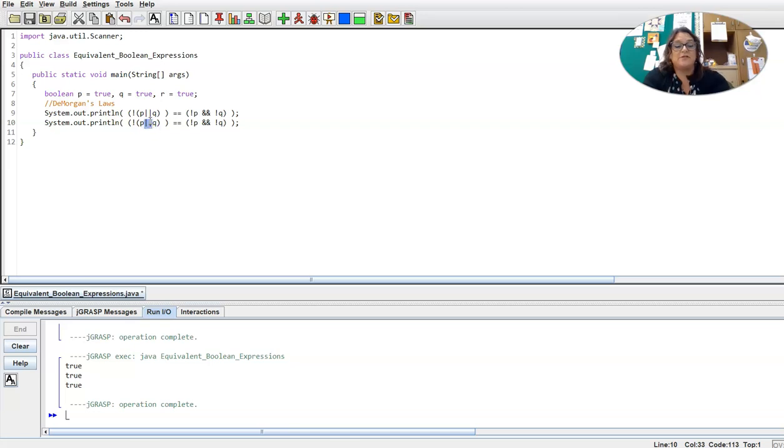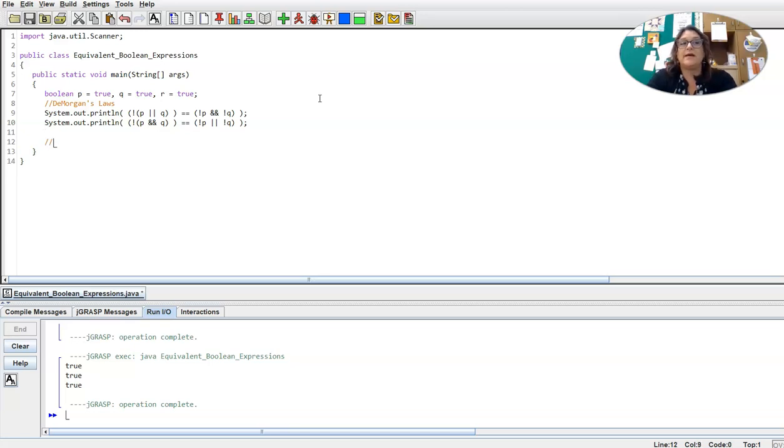So we're going to change this to an and, and we'll change this to an or. Okay, so not (P and Q), right? We distribute and that becomes not P or not Q. Okay, those are called De Morgan's laws.